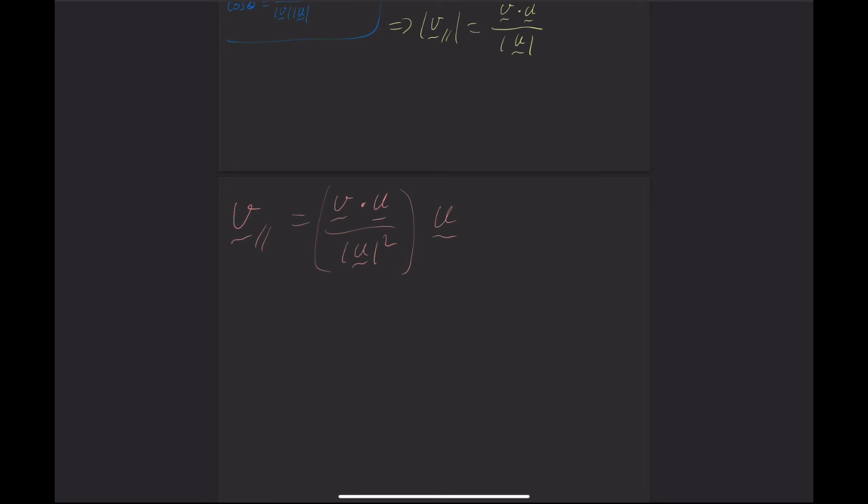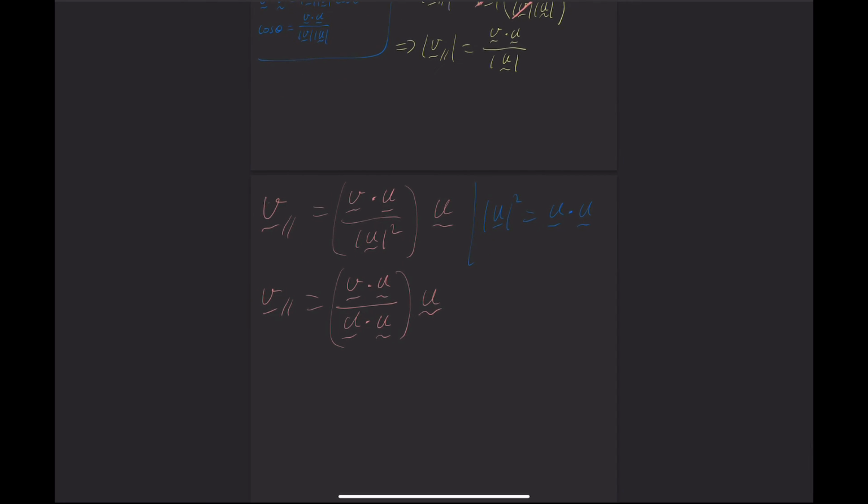Now, magnitude of u squared, by definition, is equal to u vector dot u vector. So we can simplify this even further. V parallel is equal to v dot u over u dot u times u. So that's our definition for v parallel.